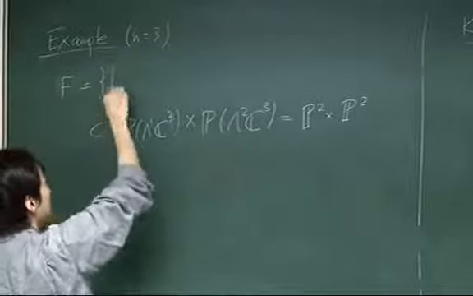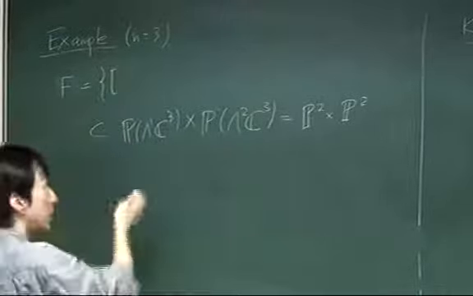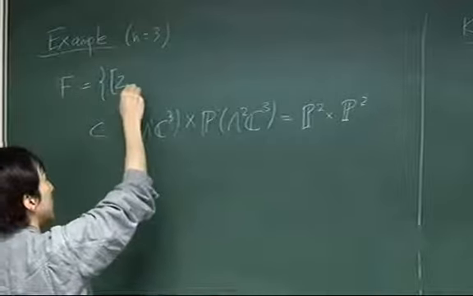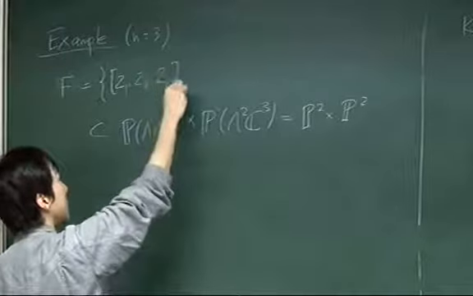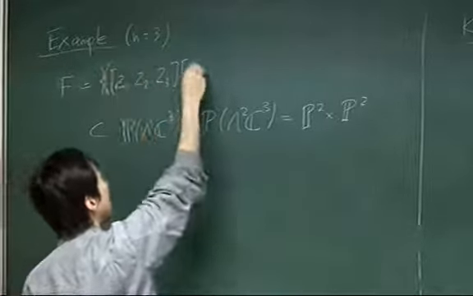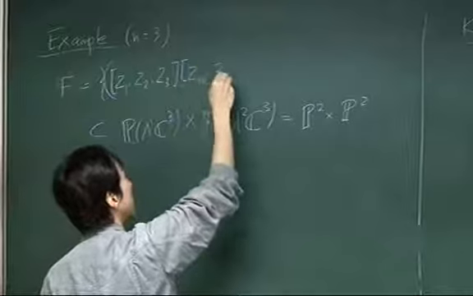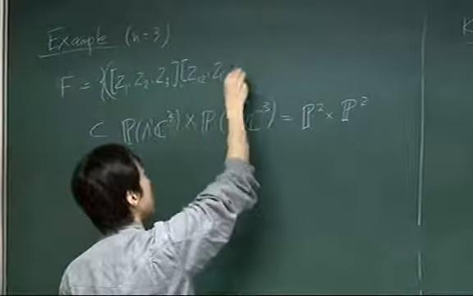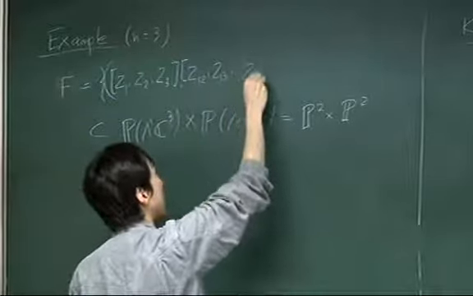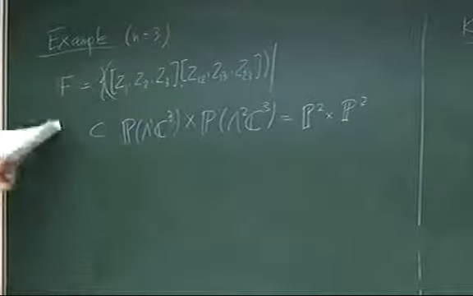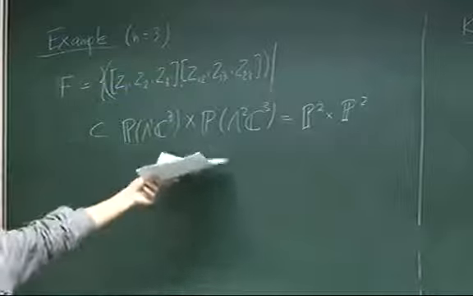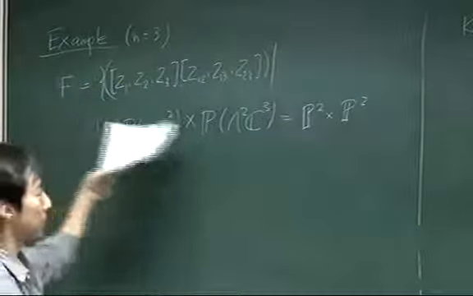When we write the homogeneous coordinates of these spaces like this, Z12, Z13, Z23, then this is three-dimensional, and this is dimension 4, and this is a hypersurface in this space.